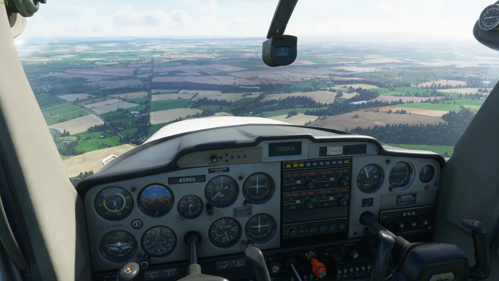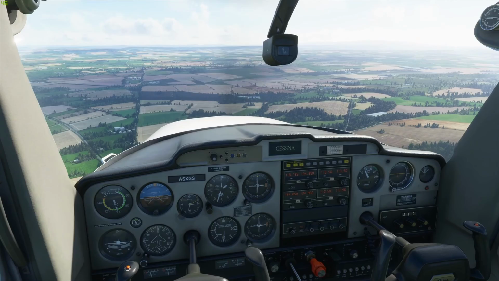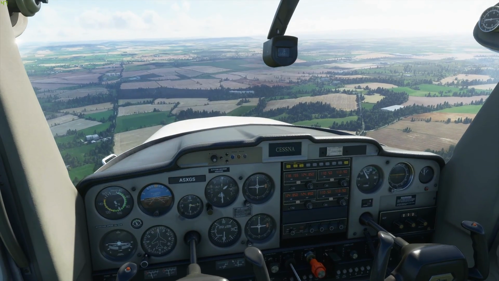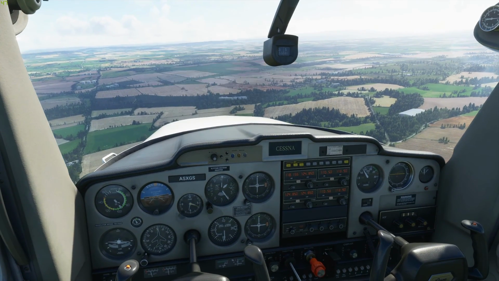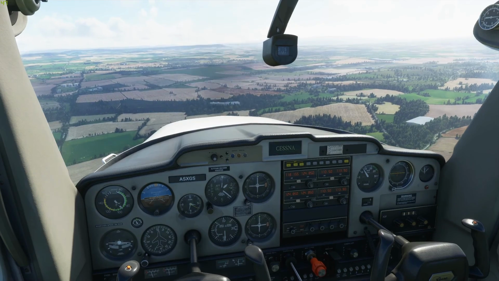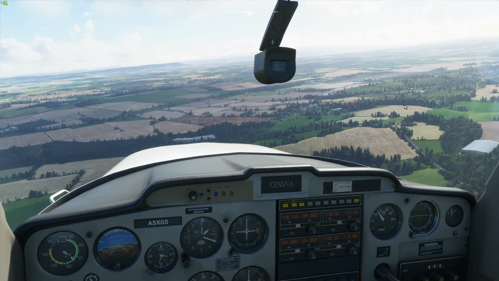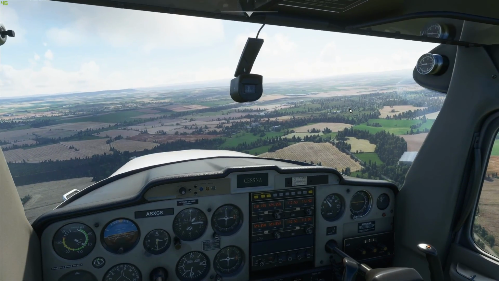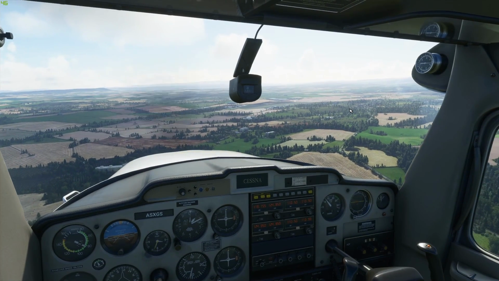Mixture full rich. Start trimming up. Take our first notch of flaps.